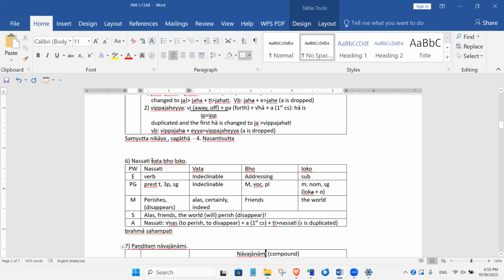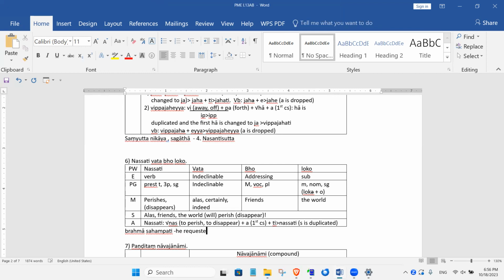Nasati wata bo loko. Right. This is also Brahma Sambhavati. All right. Okay. He requested the Buddha to teach. All right.